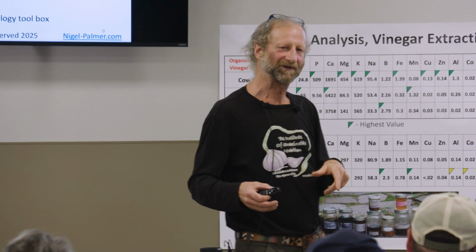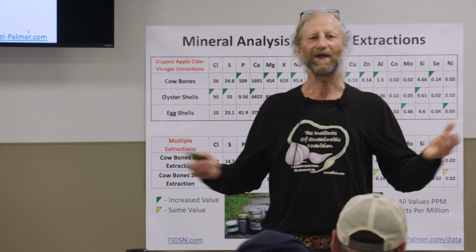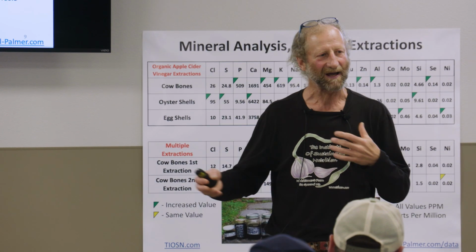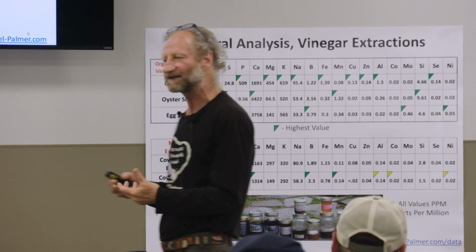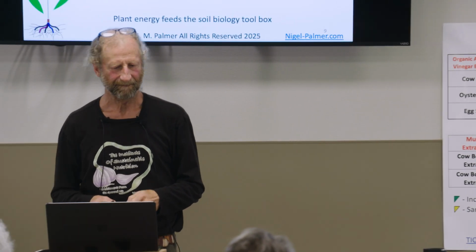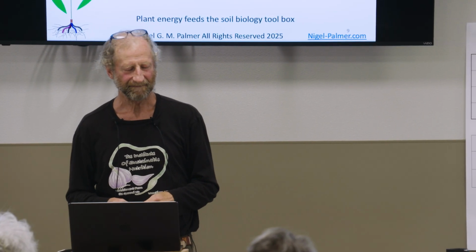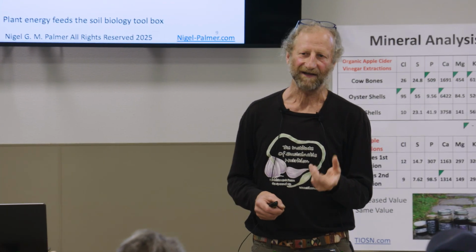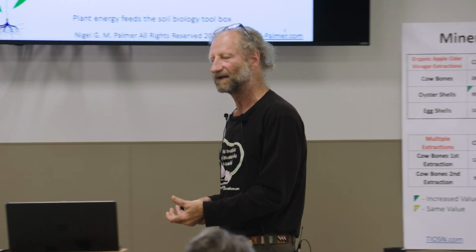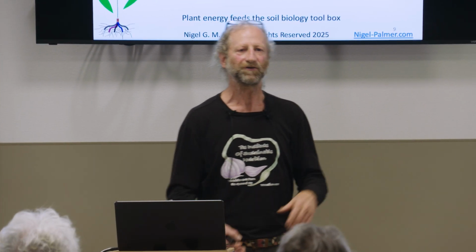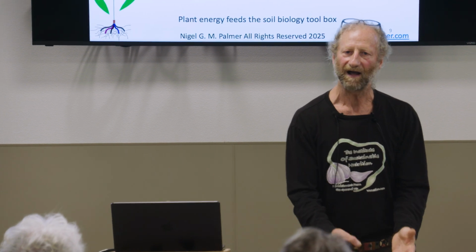And not only do we only know the names of some of these things, we have no clue about their interactions, how these bacteria and fungi and archaea actually interact with each other. Now, what's really interesting about plants is the plants actually feed the soil biology. Plants are going to expend as much as 30% of the energy they make during photosynthesis to feed the soil biology.